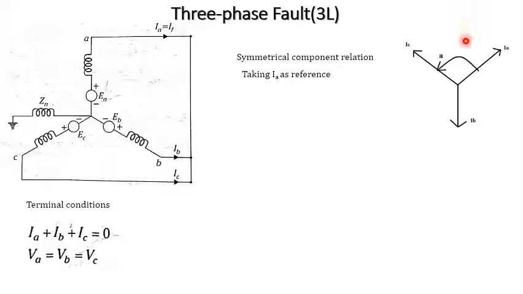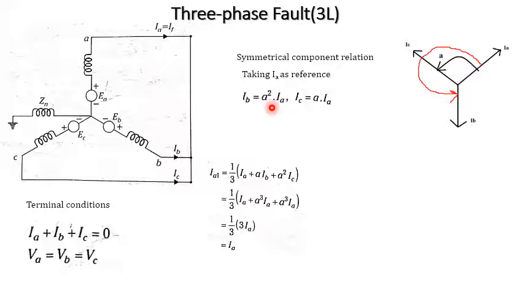The angle between IA and IC, considered in the anti-clockwise direction, is 120 degrees, which is the operator A. So IC can be written as A times IA, and similarly the angle between IA and IB gives A square, so IB can be written as A square times IA.